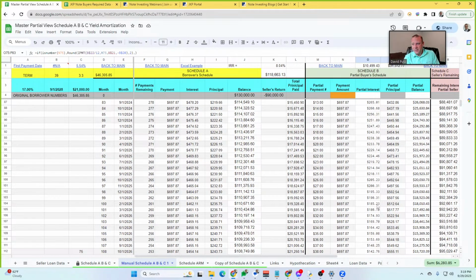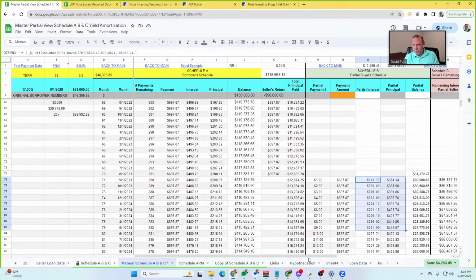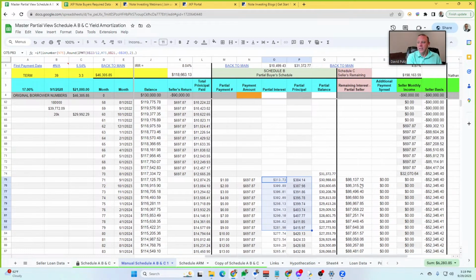The seller will have a running total of what is owed to him outside of this number. He's not promised anything more than what this one is minus this. If at any time the borrower pays off, this seller, me, receives the difference between this and this number.